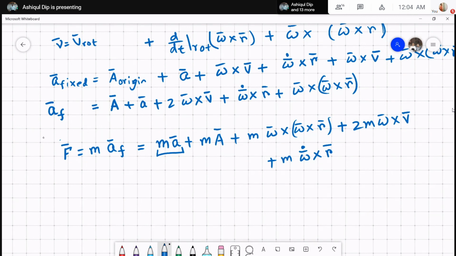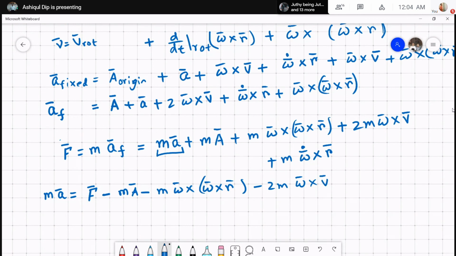If I rearrange, I get MA equals big F, the true force, minus M small a, minus M omega cross R, minus twice M omega cross V, minus M omega dot cross R.